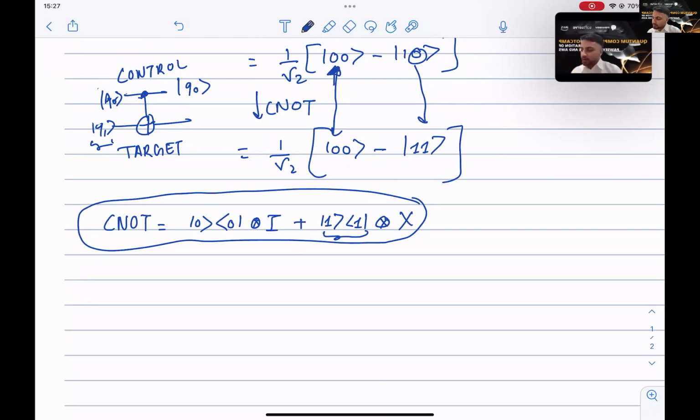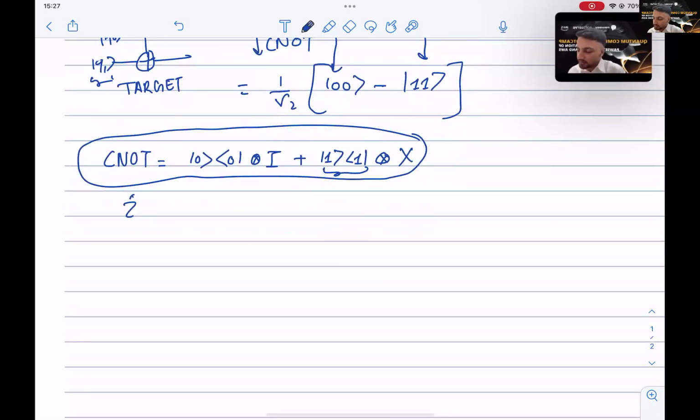Okay, and X, okay, so I should also define X. So Z is defined as this guy, right? The phase flip operator, also known as phase flip operator. Why is it called phase flip? Because it leaves 0 unchanged, but it gives you the sign -1 to one state. So X, what does X do? Can someone tell me the definition of X in Dirac notation?